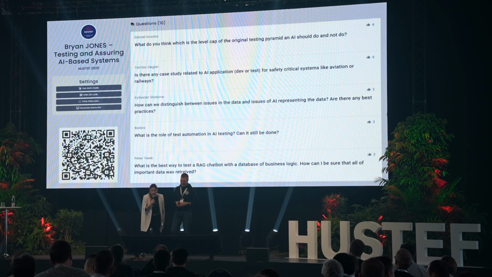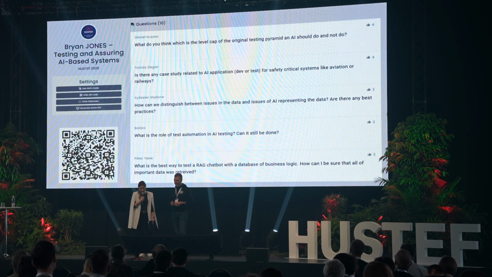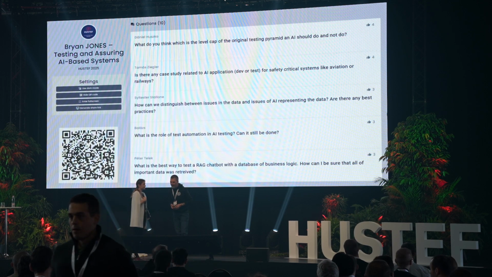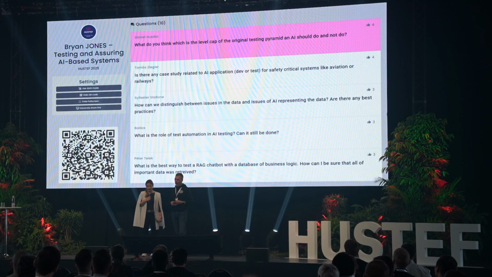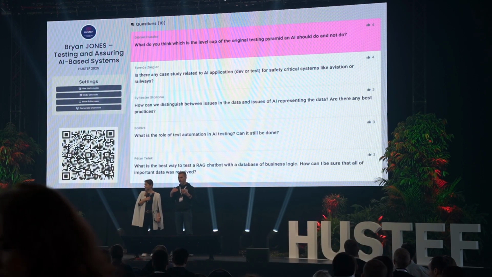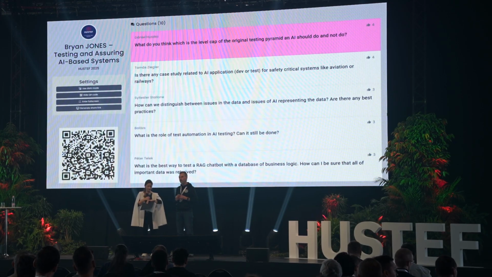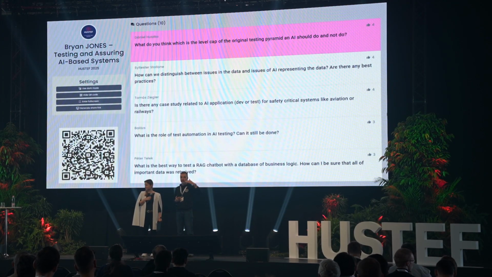Okay. What do you think is the level of the original testing pyramid an AI should do and not do? That's an interesting question. I don't see why it shouldn't do any of the pyramid, but the question is, how do we make sure that it's doing it right? If you get up to the UI level, it can do all the field validation and all that sort of stuff.